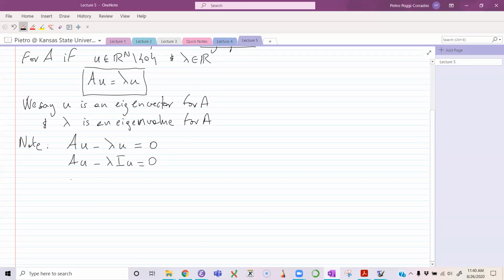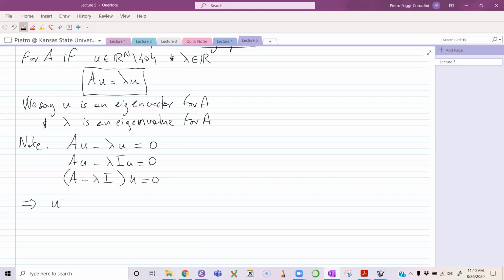And factor, then you can also write it like this. So in other words, the eigenvector u has to be non-zero, right?